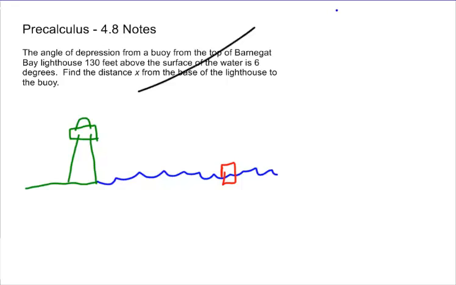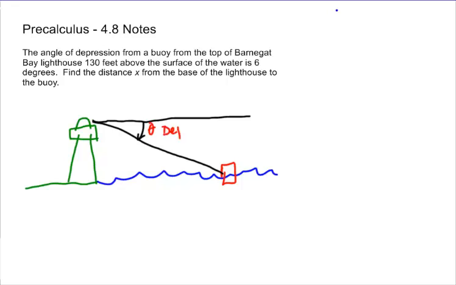If you take a view straight out from the lighthouse and you look down towards the buoy, this right here is your angle of depression. Okay, we're looking down from the lighthouse, theta degrees. And in this case, our theta is 6 degrees.